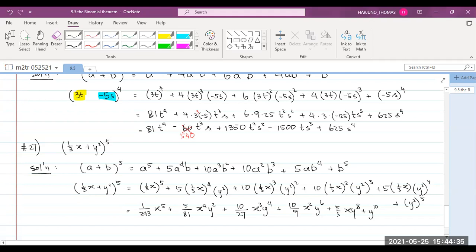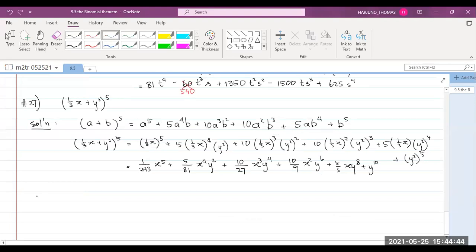Okay, now let's go large. The second method is by combinations.